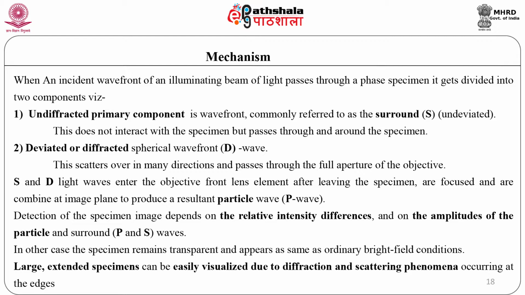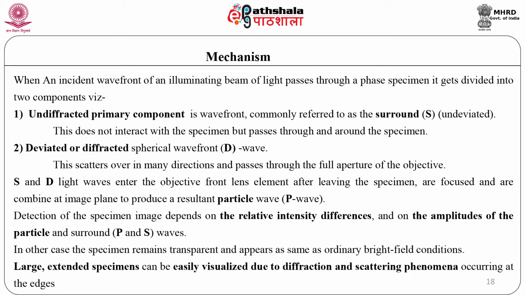If there is a significant difference in the amplitudes of the particle and surround waves in the intermediate image plane, then the specimen acquires a considerable amount of contrast and is easily visualized in the microscope eyepiece.